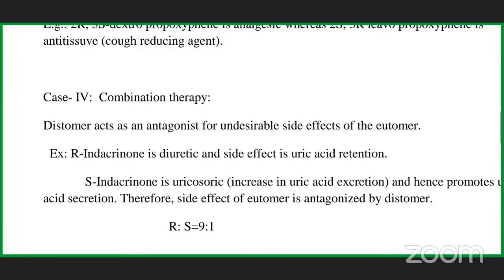Here the distomer means the inactive or less active compound, which acts as an antagonist for the undesirable side effects of the eutomer. The eutomer, the more active compound, shows the biological activity as well as side effects.